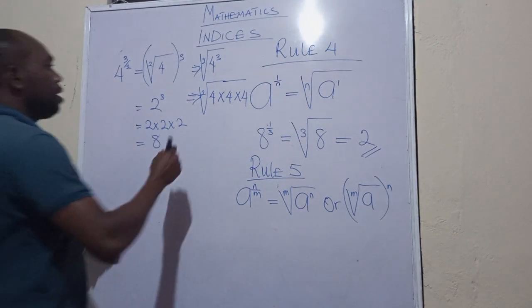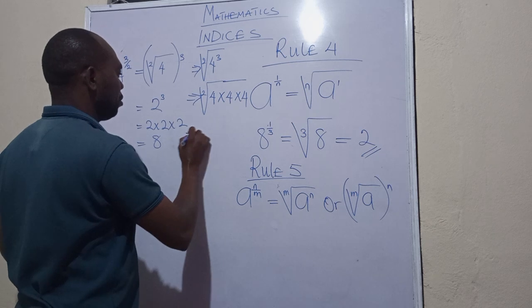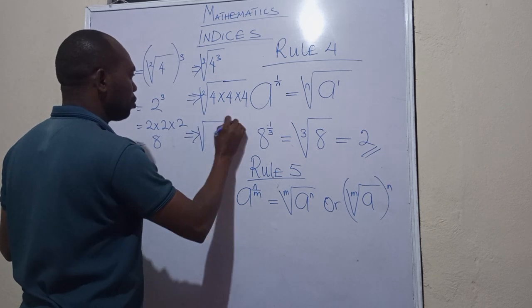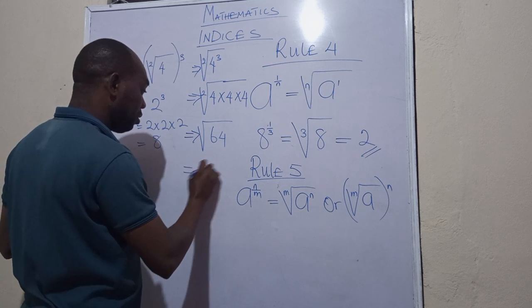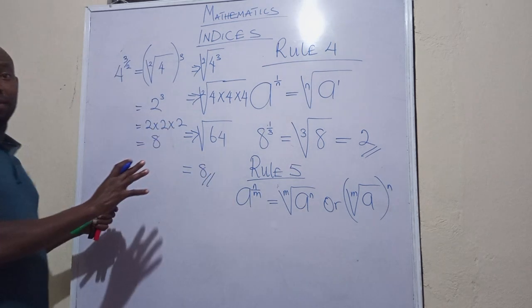So we will now have the square root of 64, and the square root of 64 is 8, exactly as before.